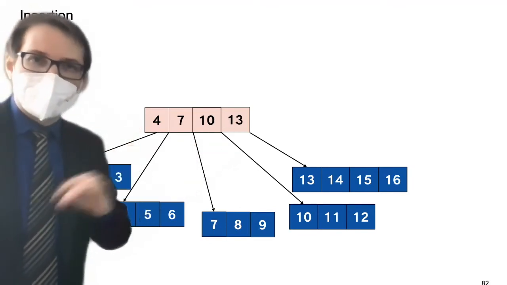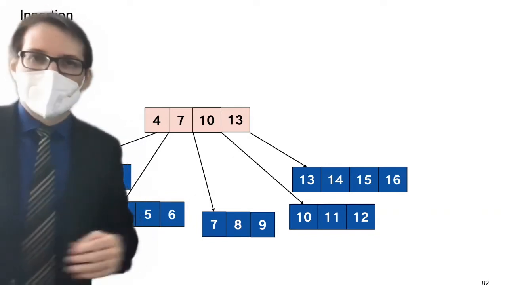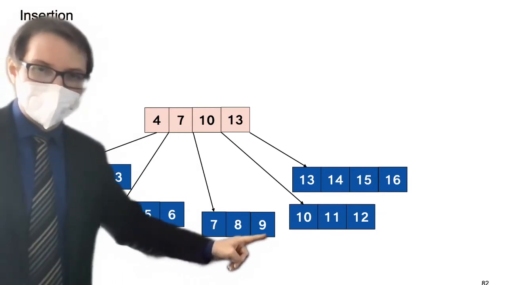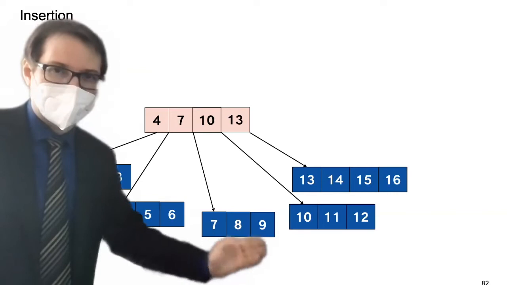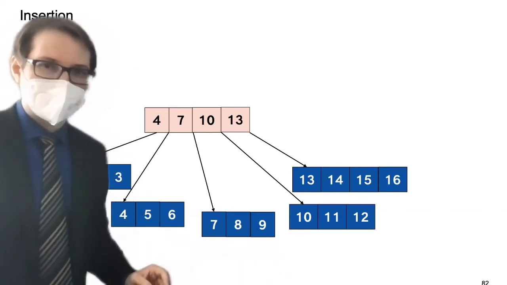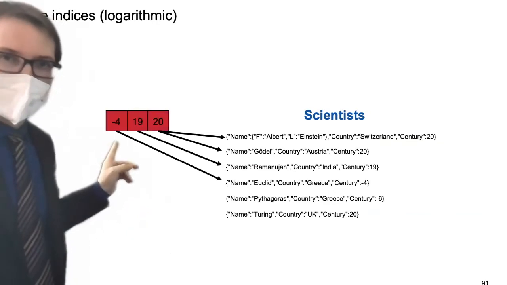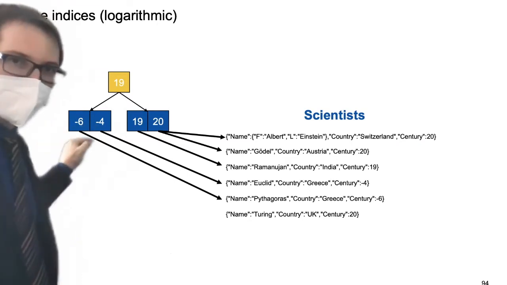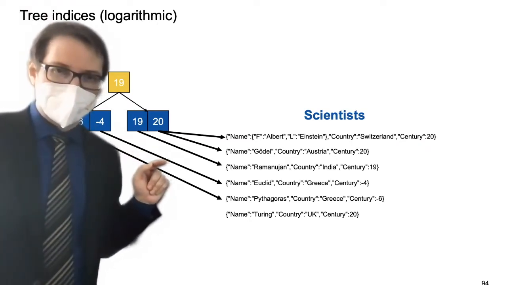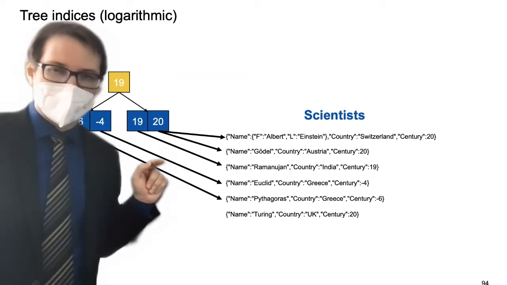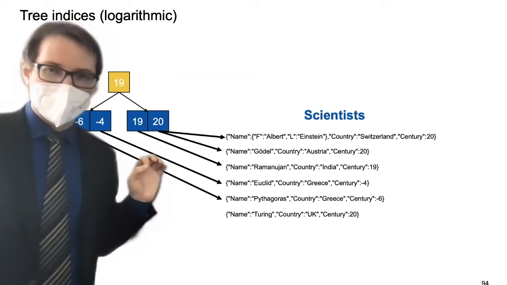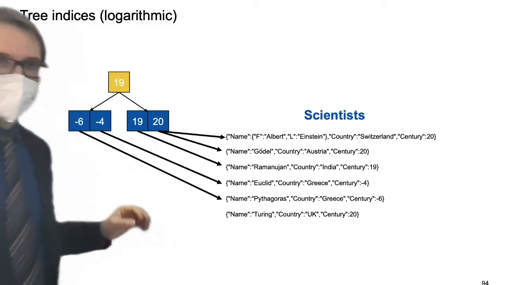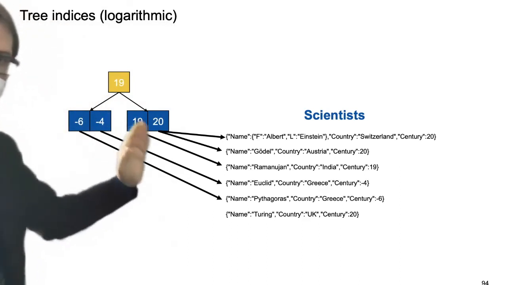Now, what about the leaves? The leaves, of course, do not have any children, right? But they still have the same constraint. It's as if they had children, right? So for example, here we have 3 values that would be 4 children. If you had children, there would be 4 of them, right? So this is the idea. So basically here, if I have 2 values, that is as if I had 3 children, right? Does it make sense? Yes. Yeah, thank you. Awesome, perfect. So this is why we are at most 2 values, because at most 3 children.